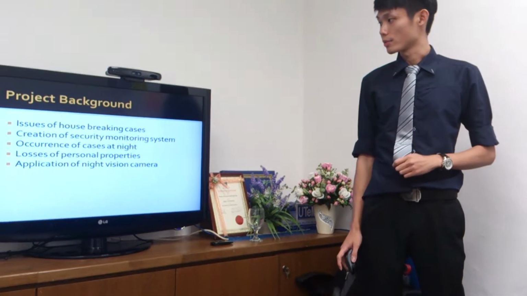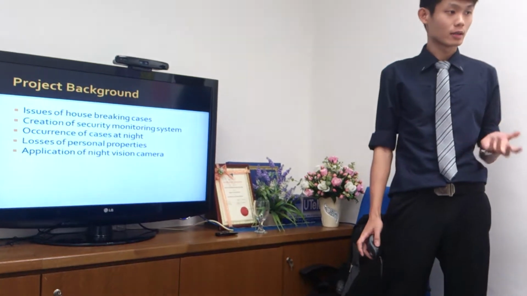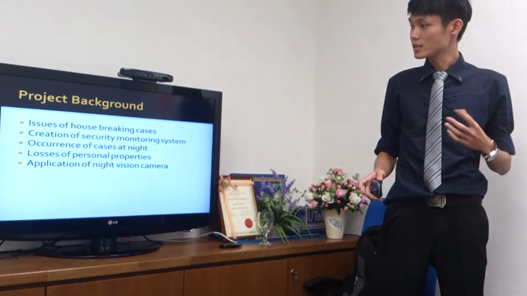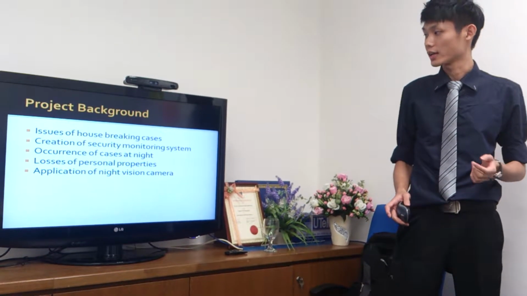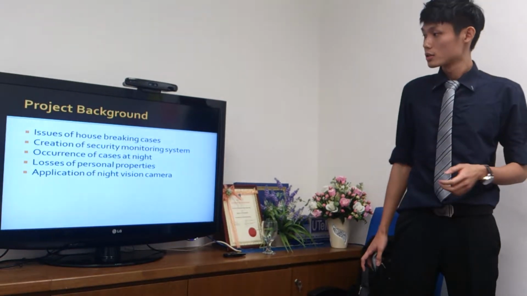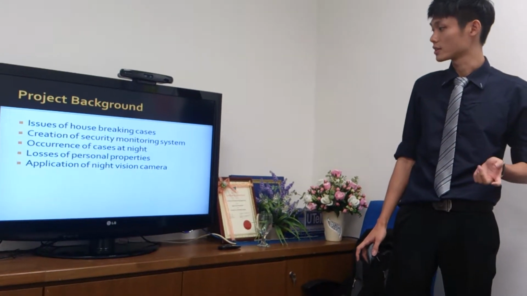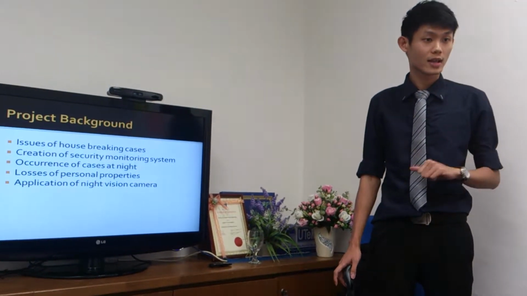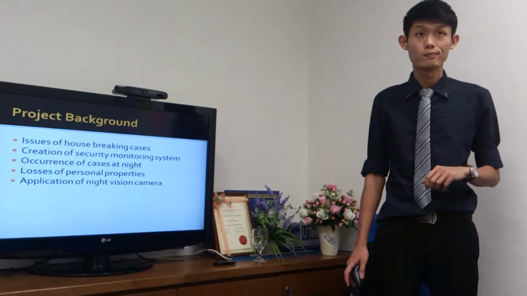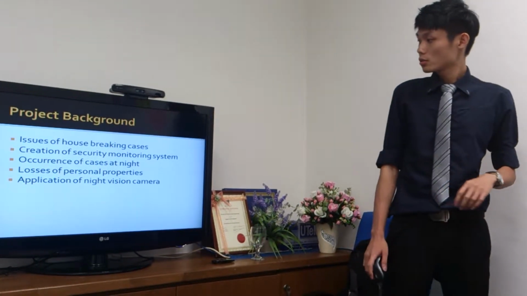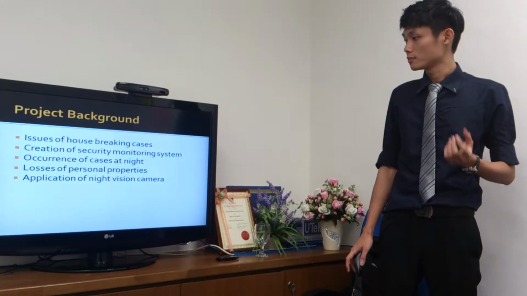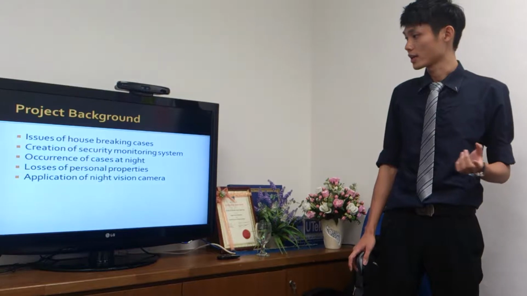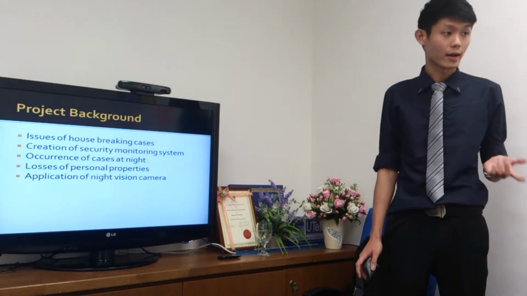So, the first thing is my project background. Recently we found that we can buy houses, shops and cars. So this actually creates issues of housebreaking cases recently. This brought about the creation of security monitoring systems like CCTV, fingerprint access identification systems, and some other security systems. Normally these security systems might not detect the intruder, because most housebreaking cases occur at night.